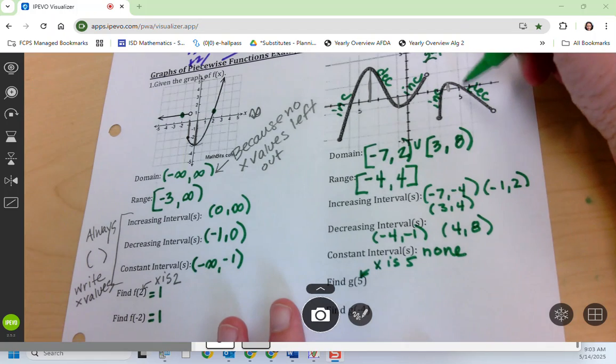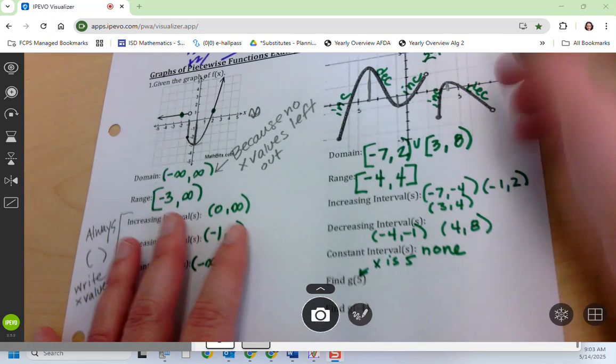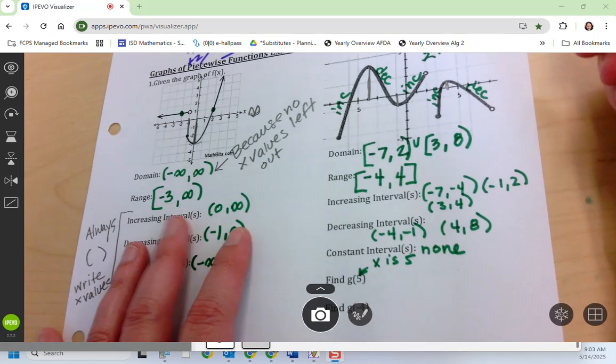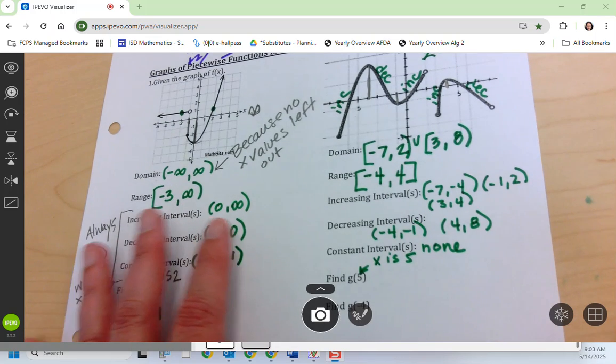So x is 5 right here. What did you guys put for the y value where x is 5? I feel like it's not quite 0, right? Anybody put in a fraction? No? Where x is 5, we're like right above 0. I would take like a 1/2. I would take a 1/4 right there.